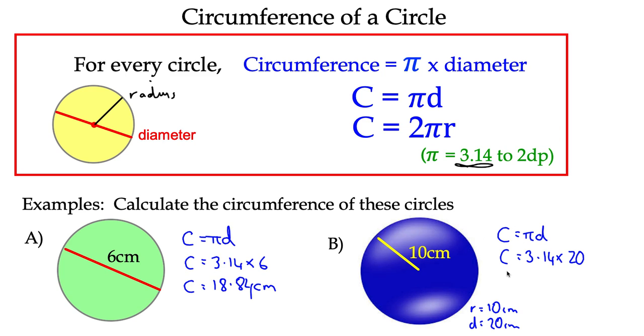And you do that: 2 times 3.14 is 6.28, multiplied by 10 is going to be 62.8 centimetres. So there's our circumference, just over 3 times the diameter. So that's how we use the formula.